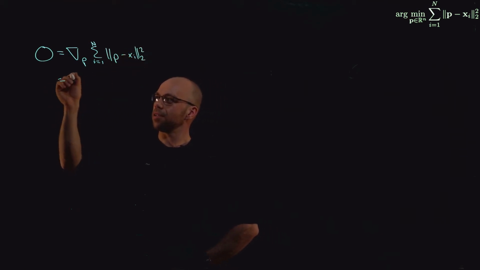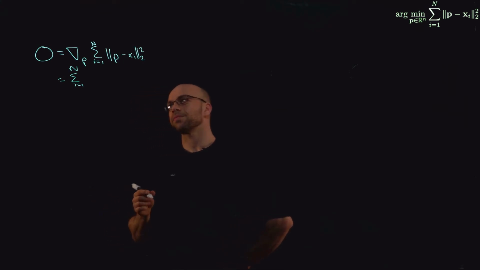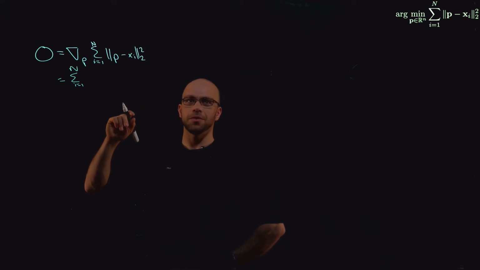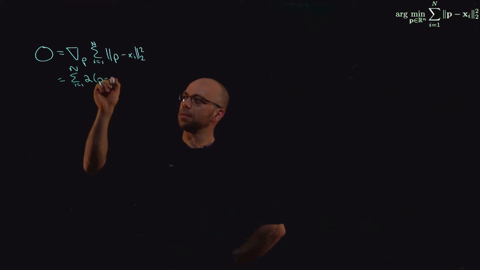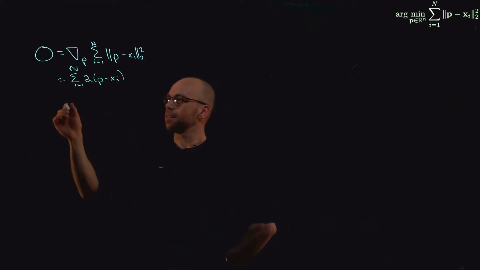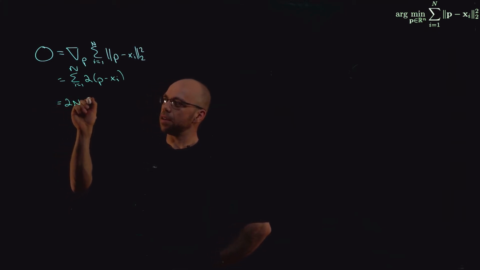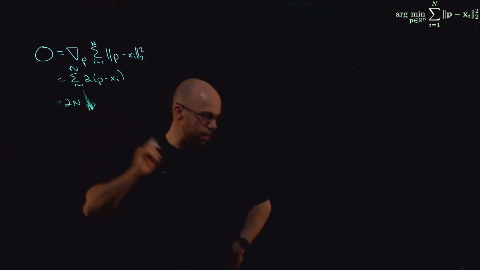Okay, well, the gradient goes into the sum. And remember, this is the dot product between p minus xi and itself. So what you end up getting, let's see here. If I differentiate with respect to p, it's just 2(p minus xi). Okay, so if I split out the sum, the first term is 2np.